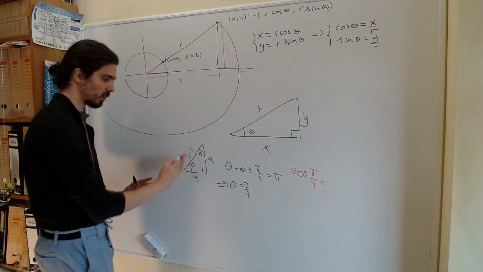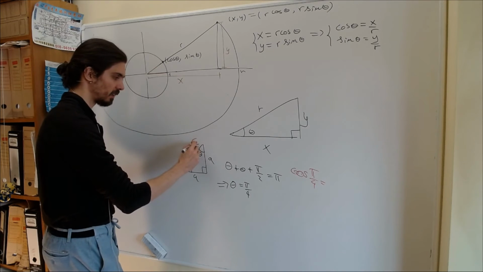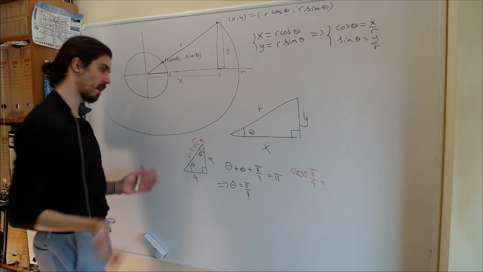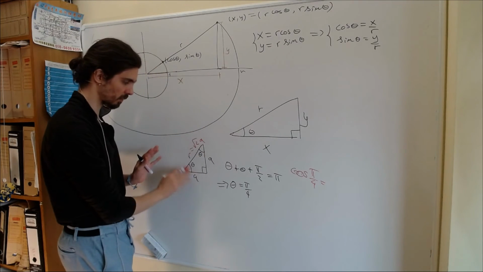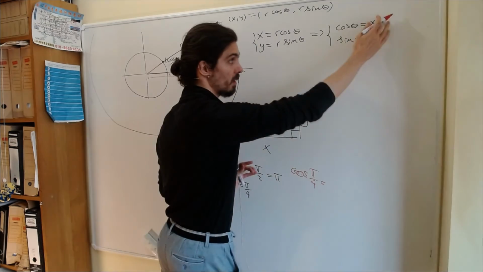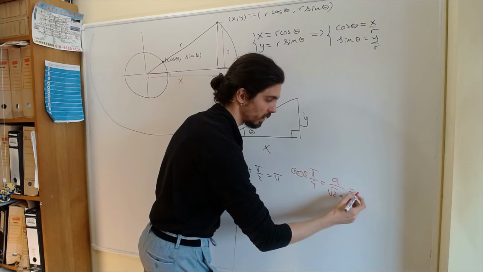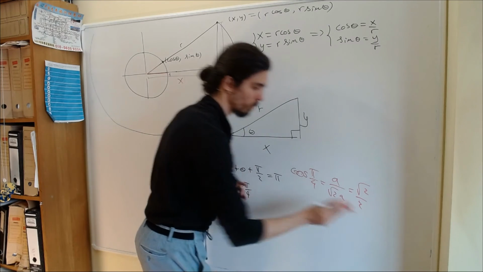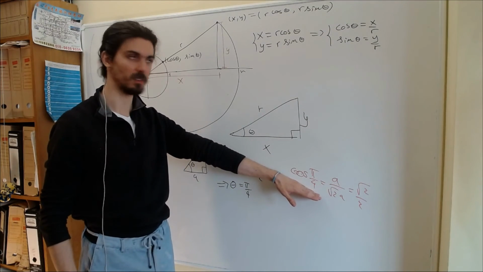For r, you just use the Pythagoras theorem. The Pythagoras theorem tells us that this is square root of 2 times a. Okay? You just do the calculation. For this simple triangle, it's square root of 2 times a. So you go here, it's a divided by square root of 2 times a, which is square root of 2 divided by 2. Perfect.